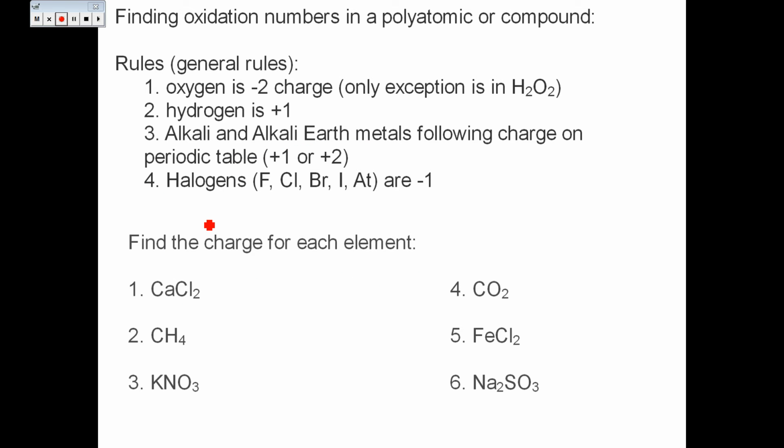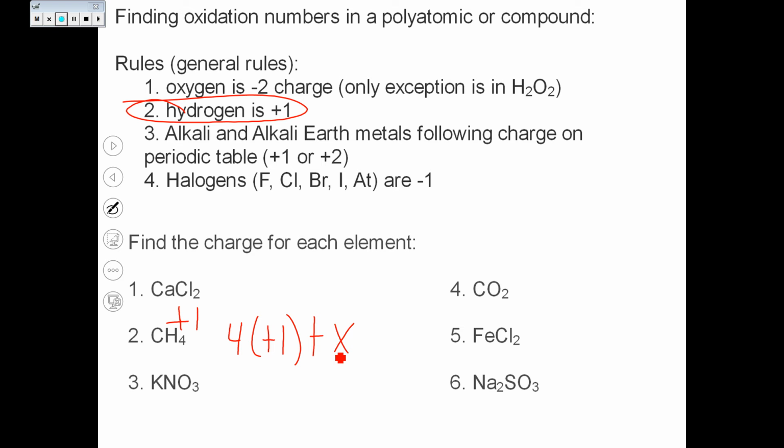For CH4, hydrogen is on this list, so we do that one first. It has a +1 charge, and then I'll show you a little bit of algebra and how this works out. There are 4 of them, and they all contribute a +1 charge. The carbon usually is 4, but because these are covalent compounds, it can actually change. So you're going to call it X, where X represents the oxidation number of the carbon.